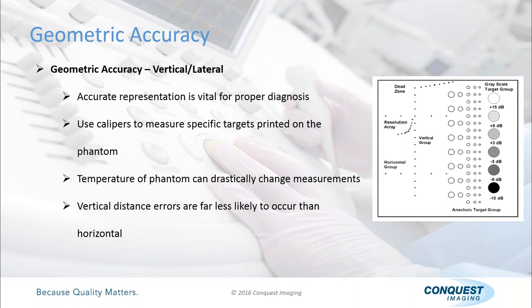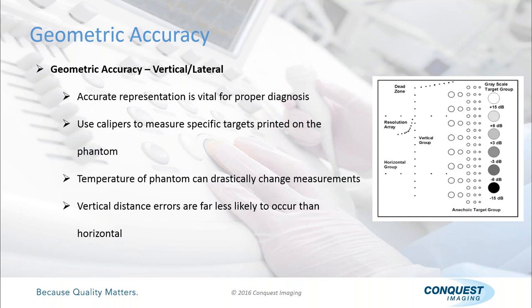And just a note, vertical distance errors are far less likely to occur than horizontal. And as you're imaging a Phantom, you'll see that the dots tend to smear left to right more than they do top to bottom. It's just a characteristic of ultrasound.